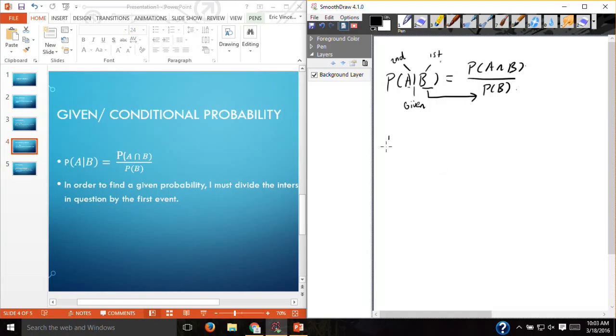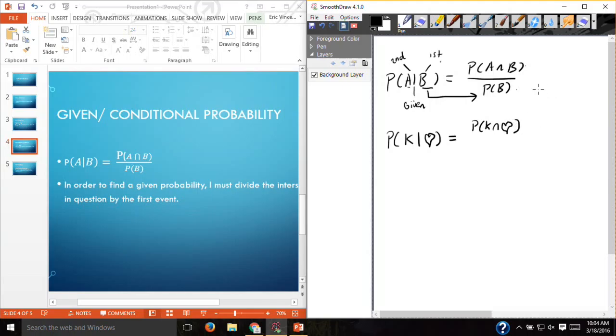So, what is the probability of drawing a king out of a 52 card deck given it's a heart? Well, the first thing that I need to realize is what is the intersection of a card in a 52 card deck being a king and a heart?